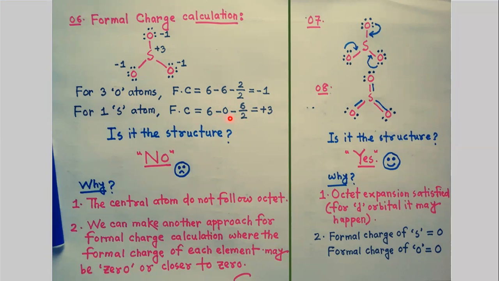So 6 minus 0 minus 6 by 2 equals plus 3. So the central sulfur atom has formal charge plus 3.